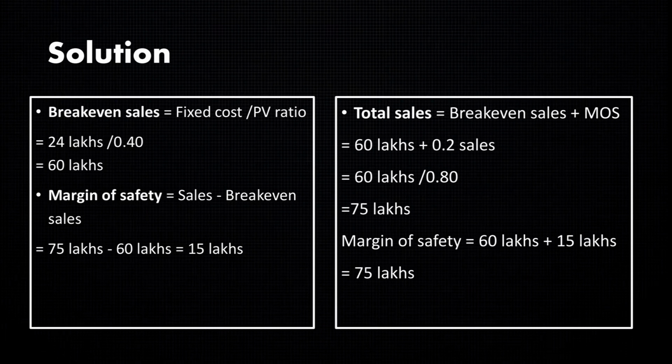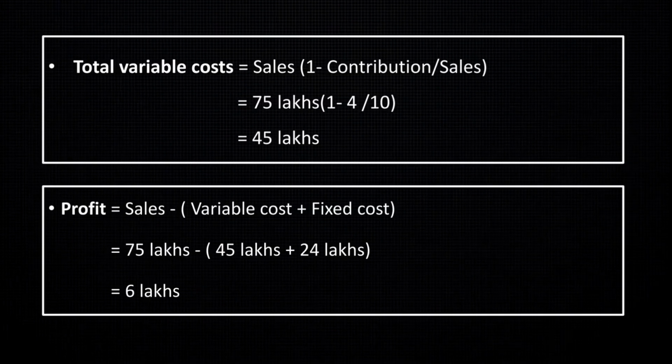Now we put this into the second question: margin of safety equals sales minus break-even sales. So 75 lakhs minus 60 lakhs, we get 15 lakhs as the margin of safety. In the fourth question, we have to find the total variable cost. The formula is sales into 1 minus contribution by sales.